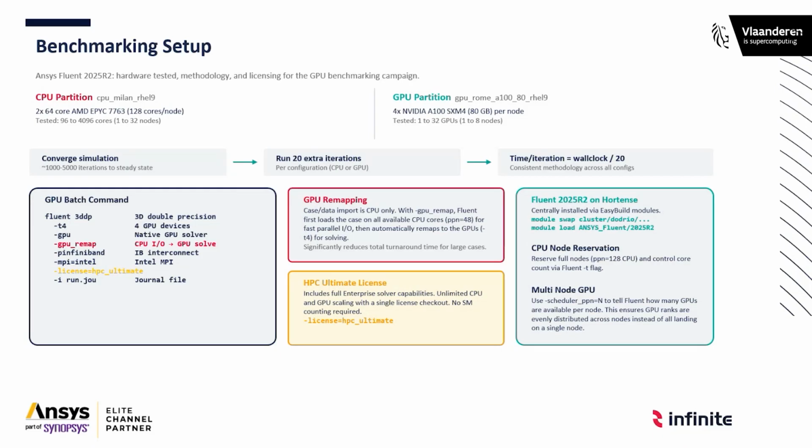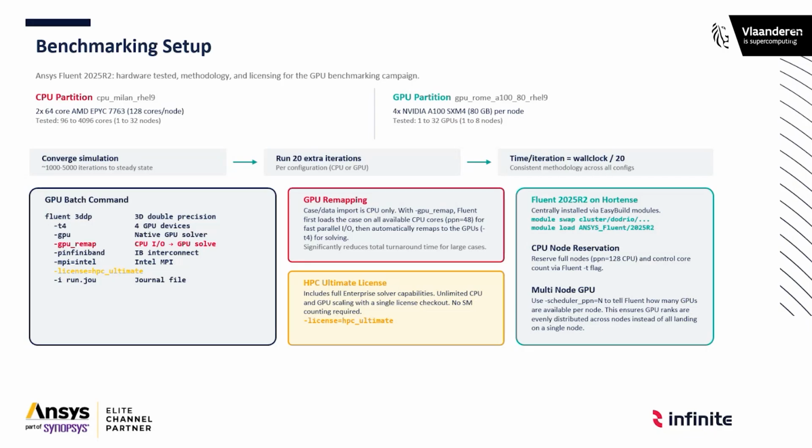My testing protocol: I first ran the simulation until convergence, which was from 800 to 5,000 iterations. And then afterwards, I saved that case and data file and ran my benchmark cases, which were 20 iterations per configuration, which gives me a consistent methodology across all my configurations.